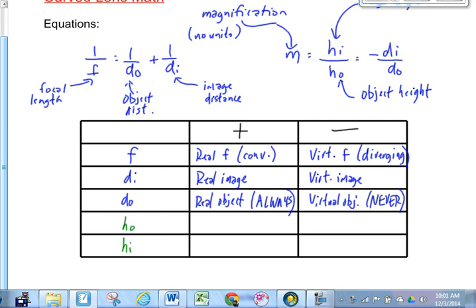Now let's look at HO and HI. Notice I've changed the color there. There's a reason I've changed the color, because the pattern changes a little bit. HO is positive, not when we have a real object. HO is positive when we have an upright object, an object that's right side up. And it's negative when we have an inverted object.